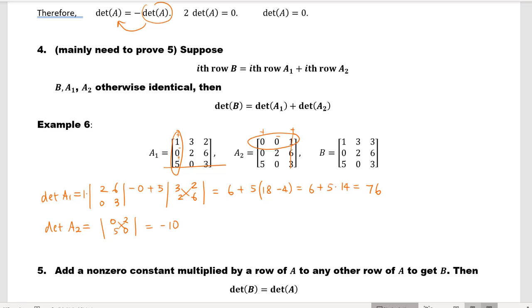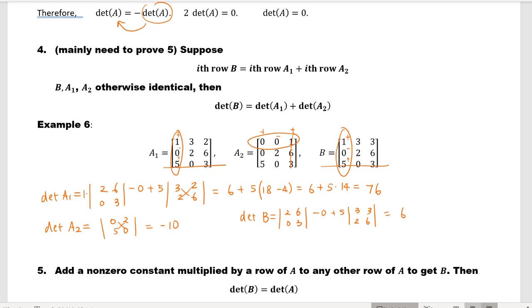Okay, how about the determinant of B? Let's also use the first column. So plus, minus, plus. So 1 times, oops, almost wrong again, 2, 6, 0, 3. Then minus 0, and then plus 5 times 3, 2, 2, 6.